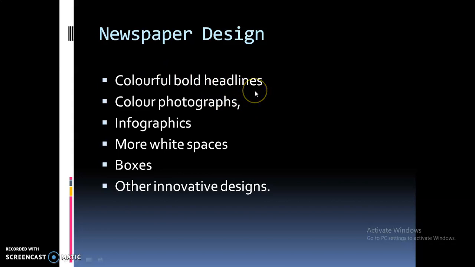Second is color photographs and more line arts and illustrative materials like infographics, and use of more white spaces, boxes and many other innovative designs, used excessively in newspapers during recent years.